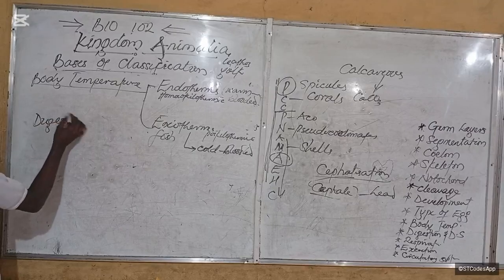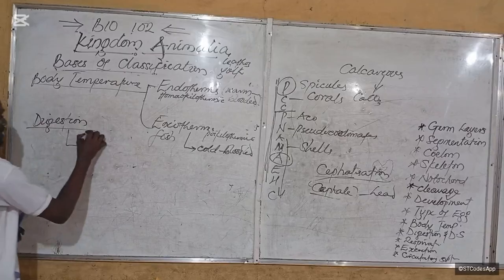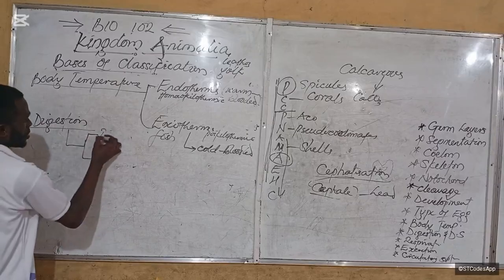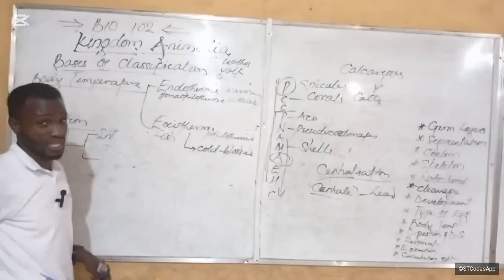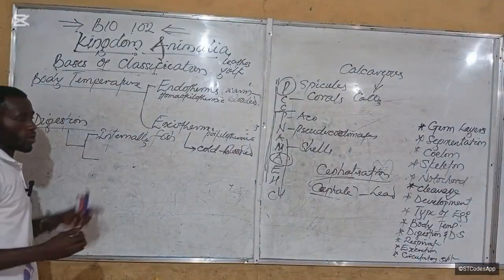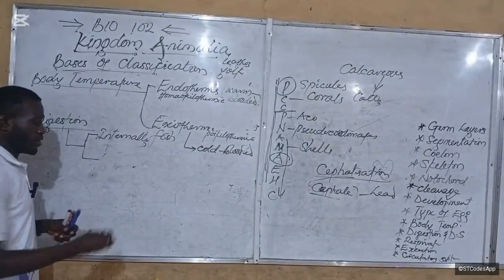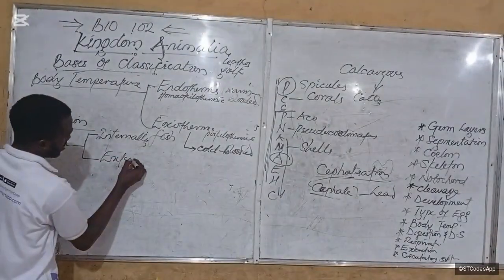Digestion. Now, we either digest things internally or externally. That is, animals either digest things internally or externally. We call it internal digestion, as we have in us and many mammals, and we have external digestion.